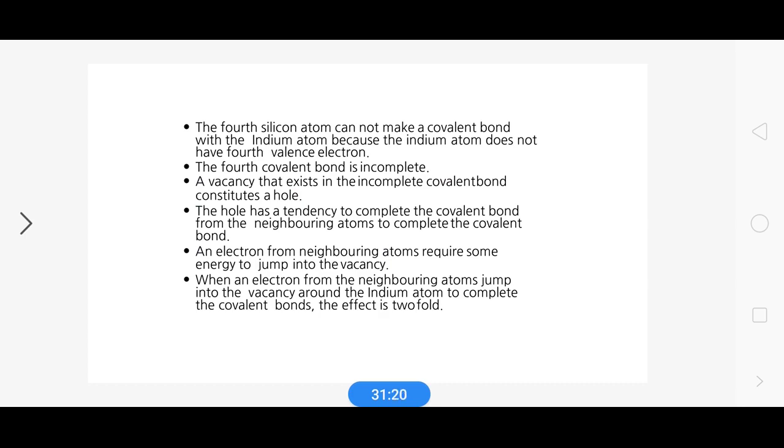And the hole has a tendency to complete the covalent bond from the neighboring atoms.